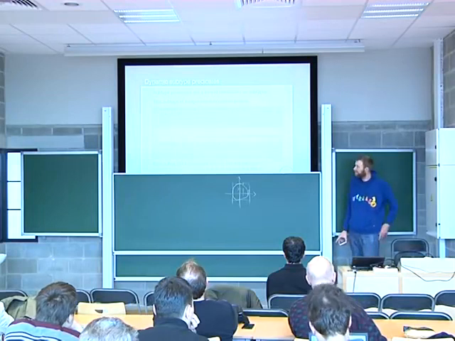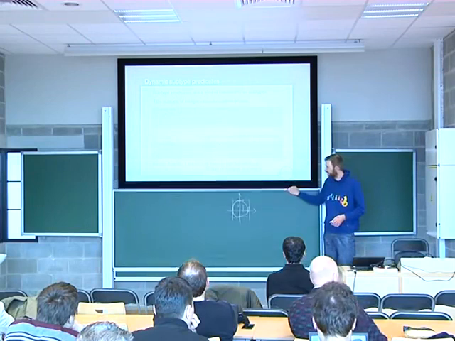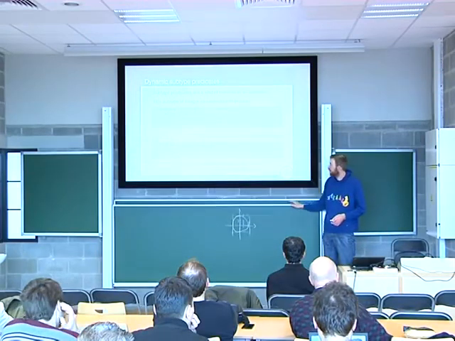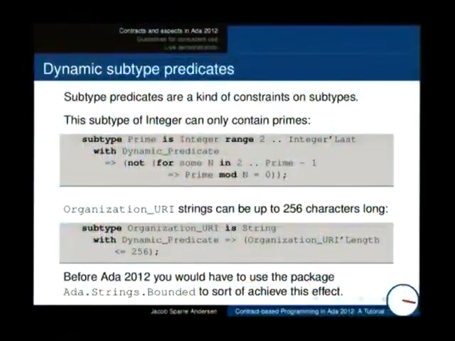Then the other kind of variance is dynamic subtype predicates, that's kind of constraining, subsetting subtypes. I picked a nice little example here, a prime. It's an integer. It can't be less than 2.